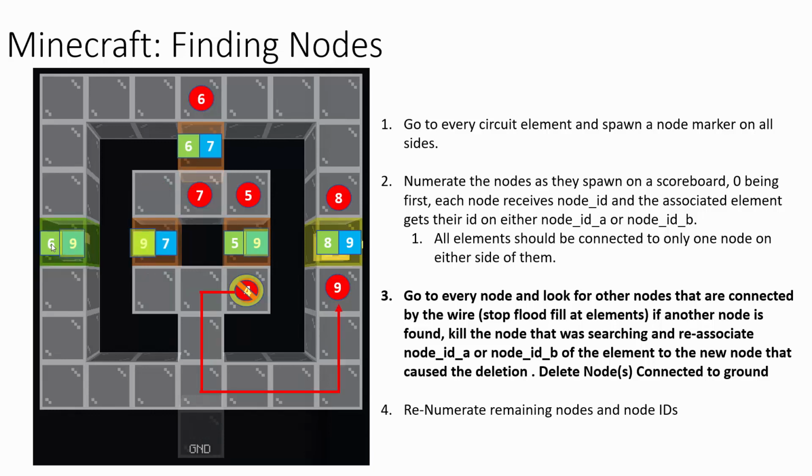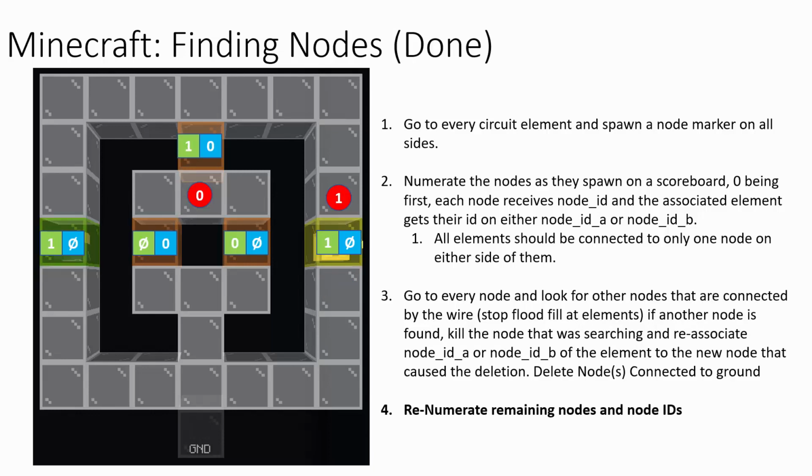Then 4 finds a 9, so we have to update 3 different elements' IDs. Then 5 finds a 7, then 6 finds an 8, and 7 cannot find anything, and 8 cannot find anything, and then 9 finds a ground. So a ground is also a means of deletion. So 9 finds a ground, and then it decides, hey, we're all ground.